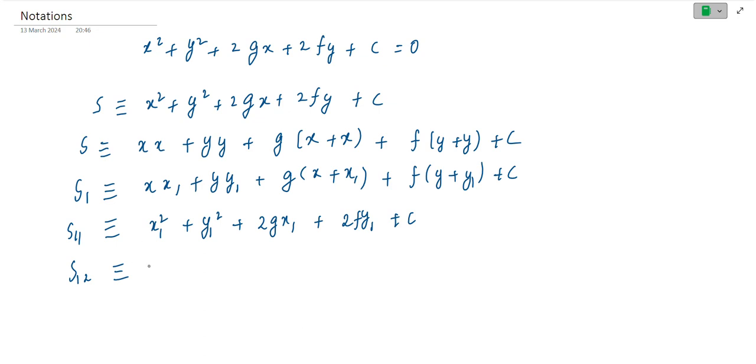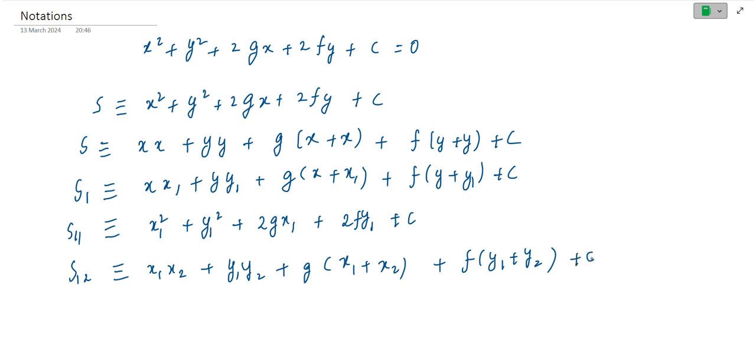So we are going to get x1 into x2, plus in a similar manner y1 into y2, plus g times of x1 plus x2, plus f times of y1 plus y2, plus c. This is the S12 expression.